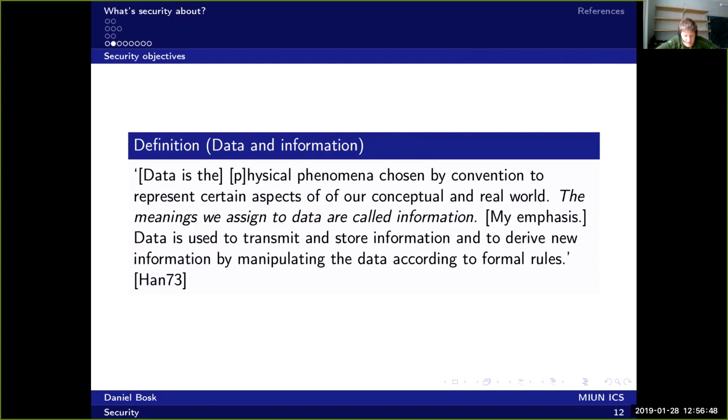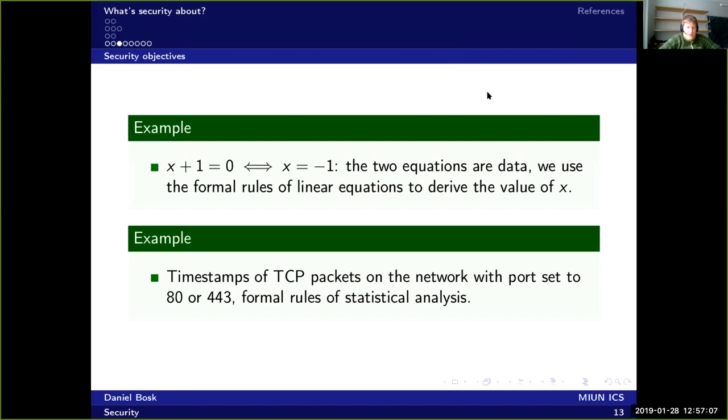So basically, data is what we store, and information is the meaning of that data. Our photos are data, and the things they depict, that's the information. To give just one example.